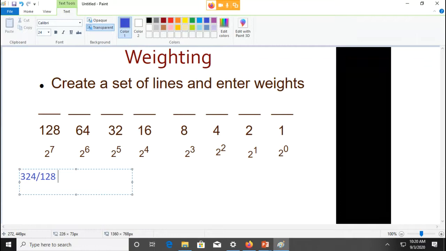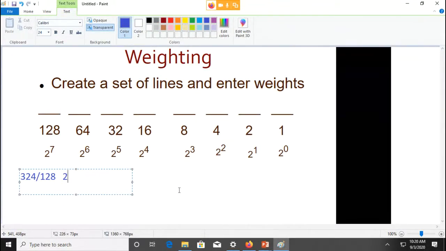And the answer is yes. How many times? Twice. So 128 will go into 324 at least 2 times. It's actually more than 2 times. All right. So what does that mean?